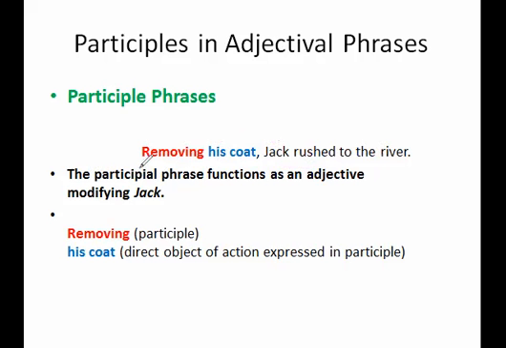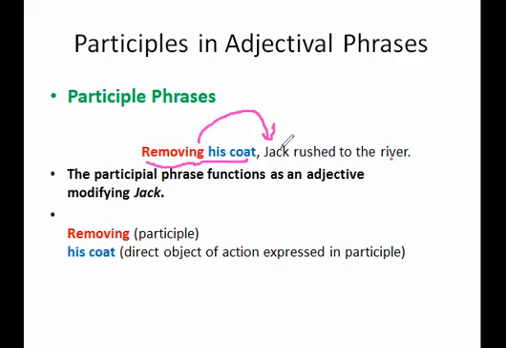Removing his coat is the phrase. And what does it modify? It modifies Jack. Who is removing his coat? It is not the river that is removing its coat, is it? Obviously, it is Jack. Removing his coat, Jack rushed to the river.